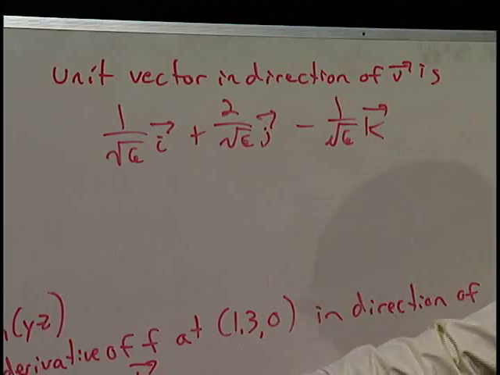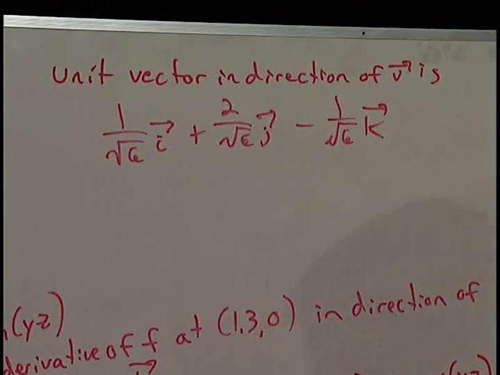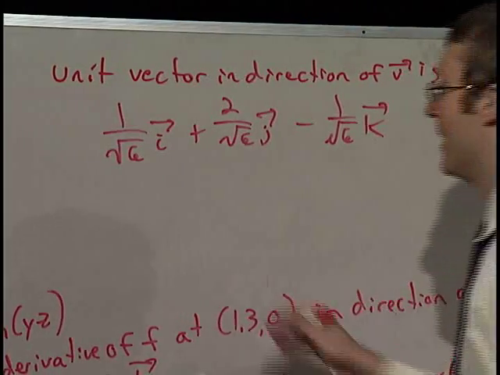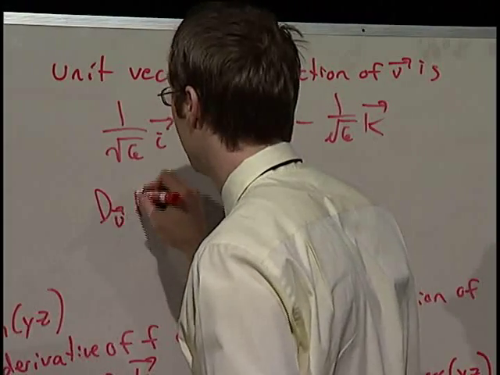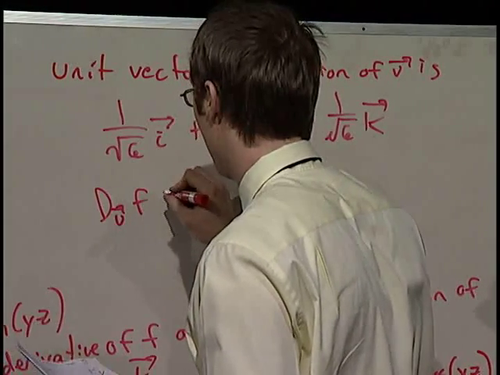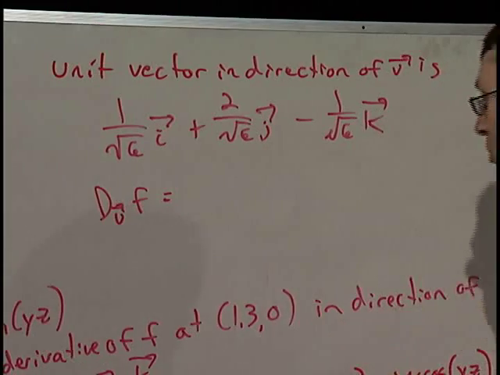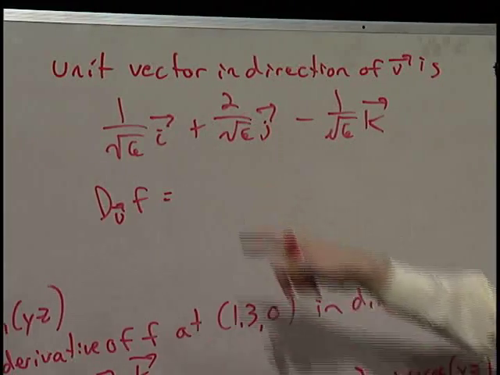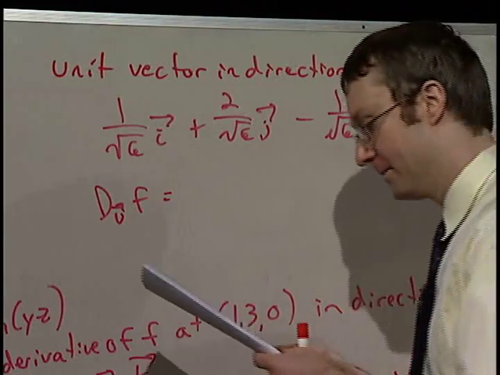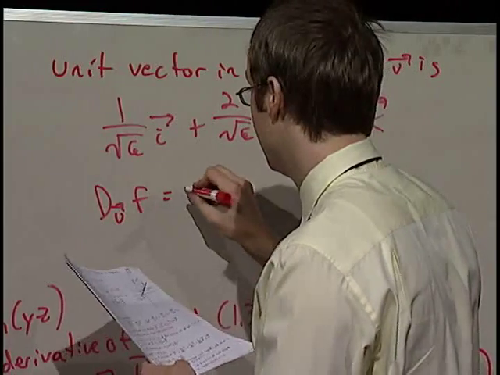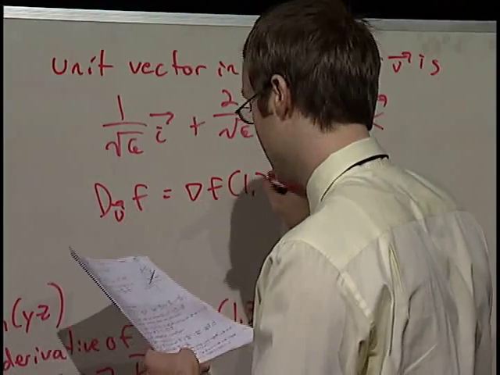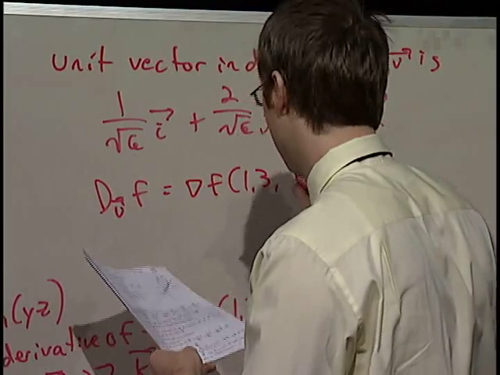Again, because this vector has length root 6, this is a unit vector in its direction, right? And so D_u f at that point is equal to gradient dot this thing. Is that right? So yeah, it's the gradient at 1, 3, and 0.